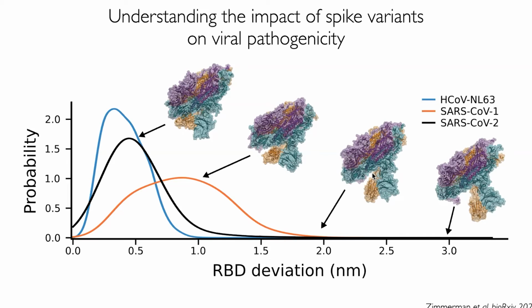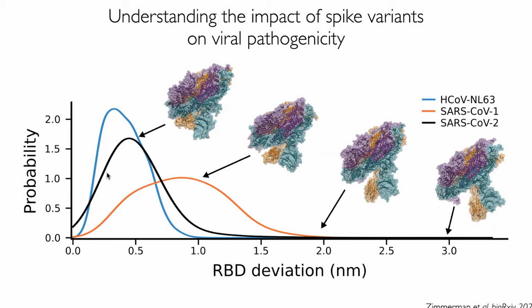And here's some representative structures showing the extent of opening that these different points correspond to. So all the way out here is very rare, but very open. Whereas over on the left is very closed up. And so what you can see is that the NL63 virus out of those 3 is the most closed.